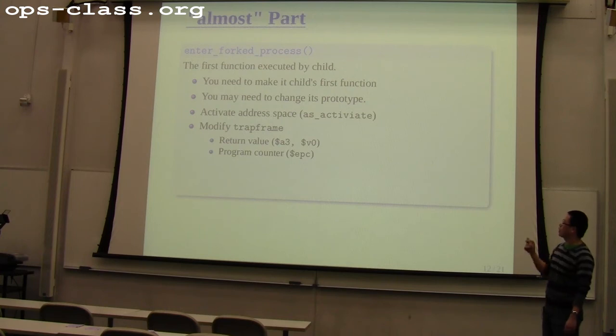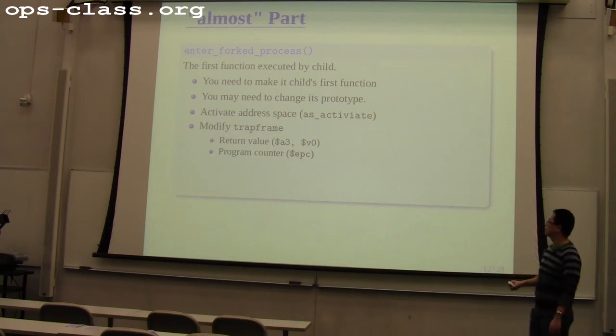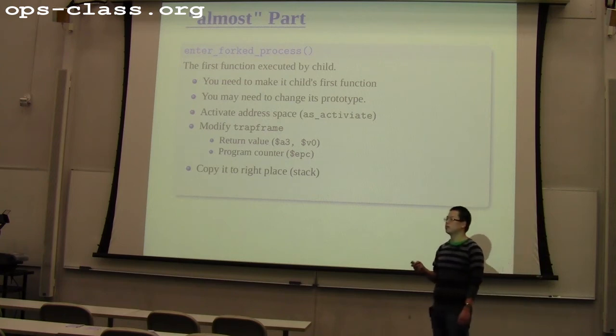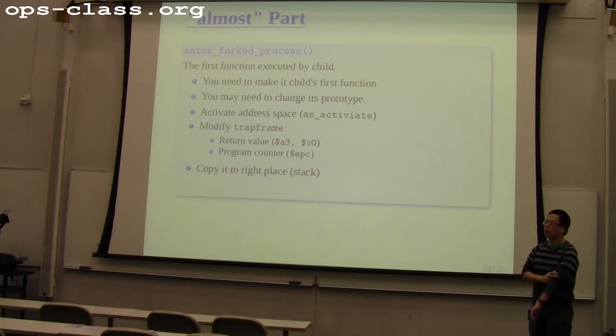And as I just said, you want to modify the trap frame to make the child feel like fork returns 0 instead of the PID. Also, at the end of this function, you are supposed to call a function called MIPS user mode, and you will pass the trap frame to it. Actually, that function expects the trap frame in a particular place, not the heap.